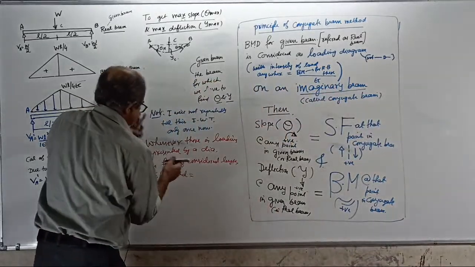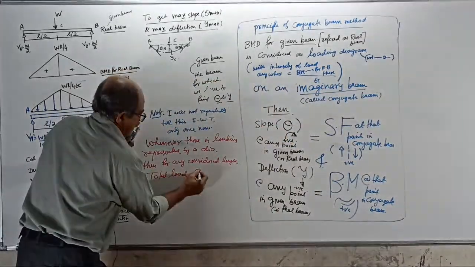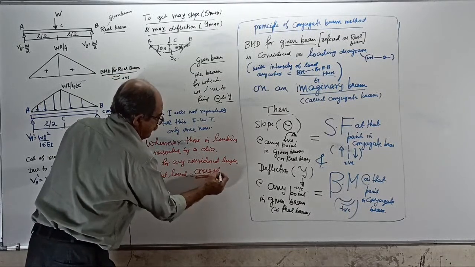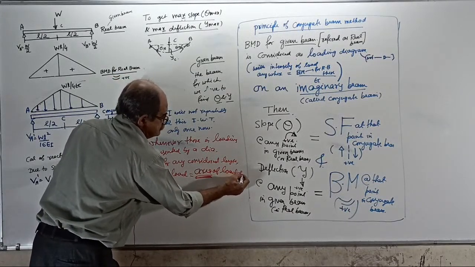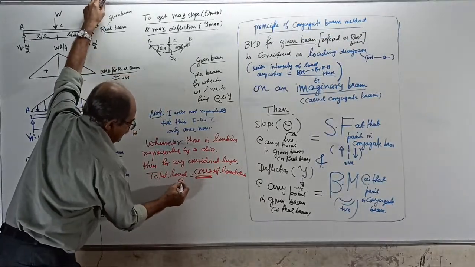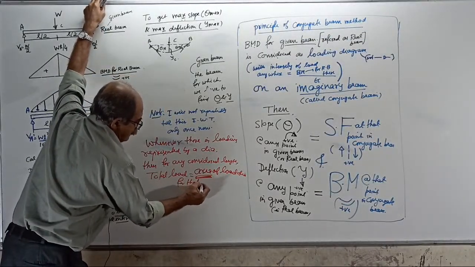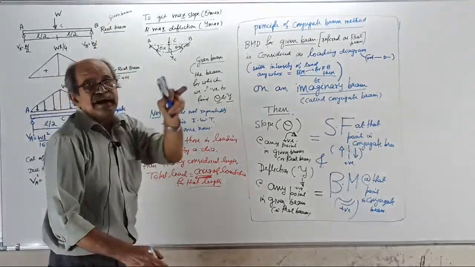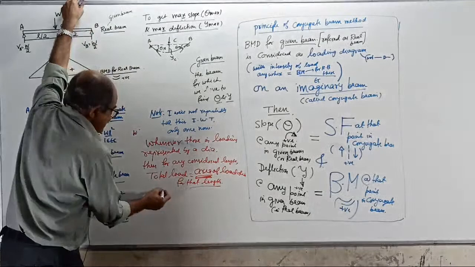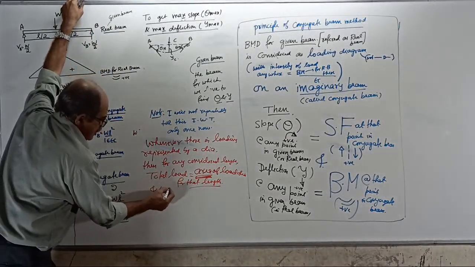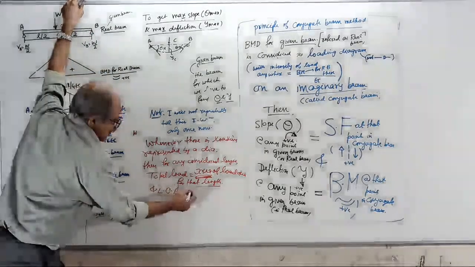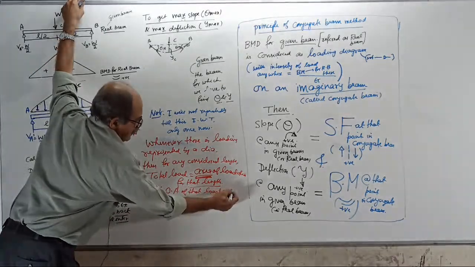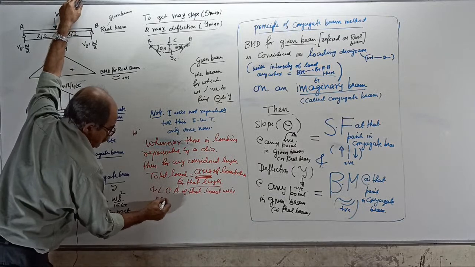The answer is the area of the load diagram for that length. That length is the considered length, and the line of action of that load will pass through what?